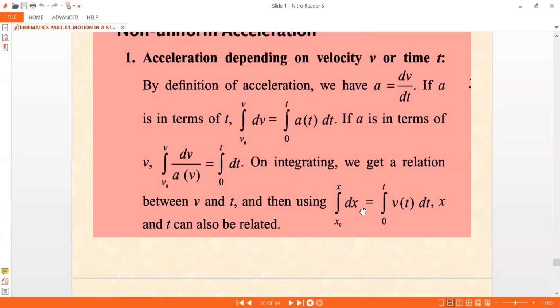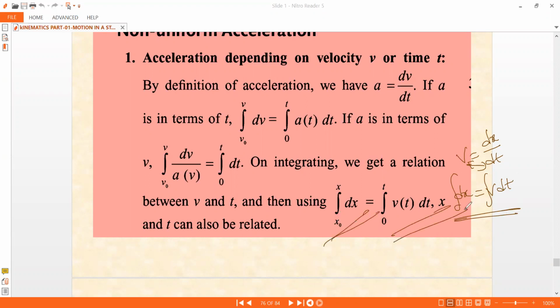Next, if the velocity function is given and you are asked to find the displacement, you can use these equations. You know that velocity is dx by dt, and dt you transport to the other side, so dx is equal to v dt, and then you integrate on either side. That is the basic idea, depicted in this particular integral.